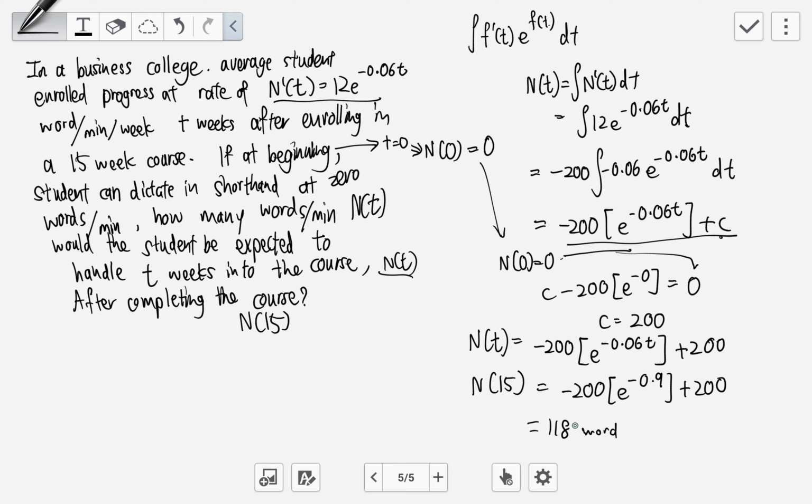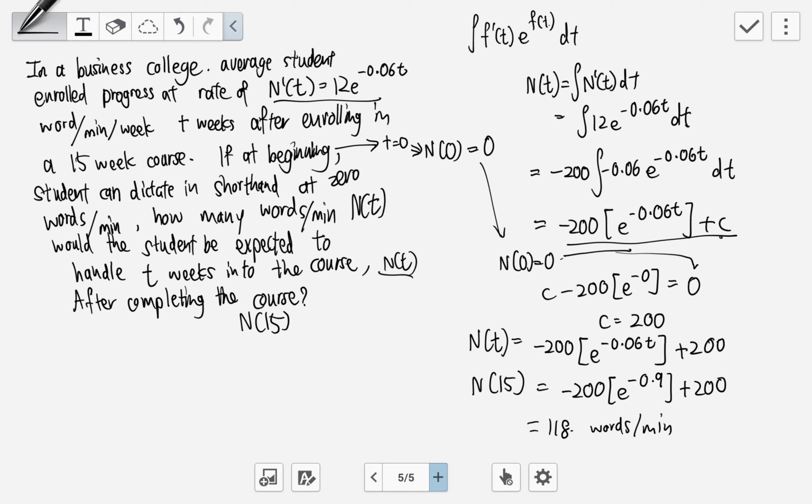Or actually 118.6 or 118.7. So depending on the level of accuracy you want. Words are like, you can't do conservative. I just write 118 words per minute. That's what you can handle after 15 weeks.